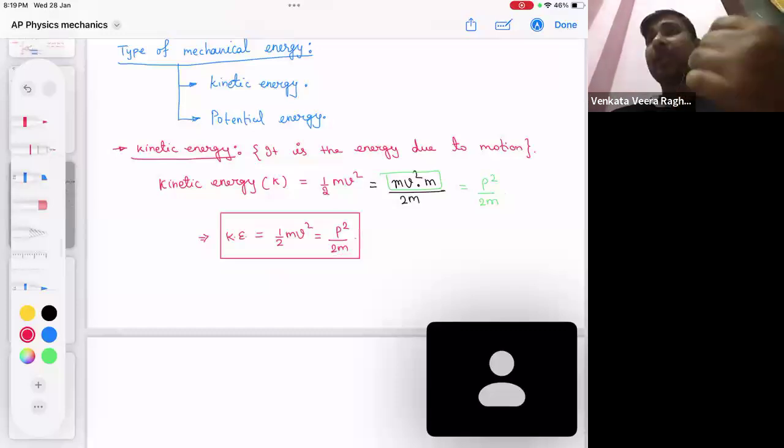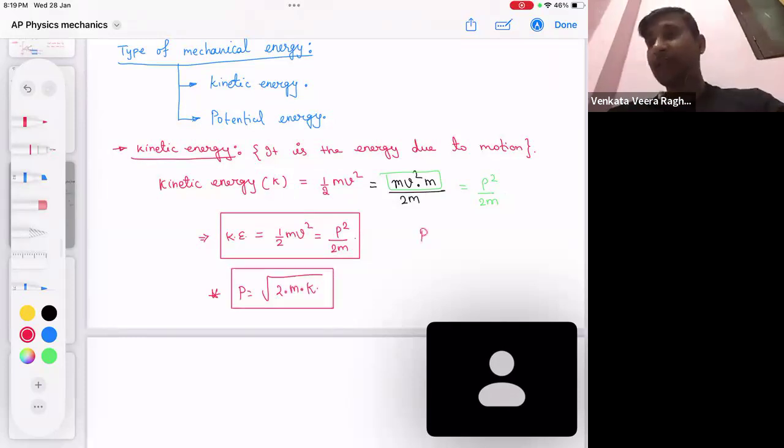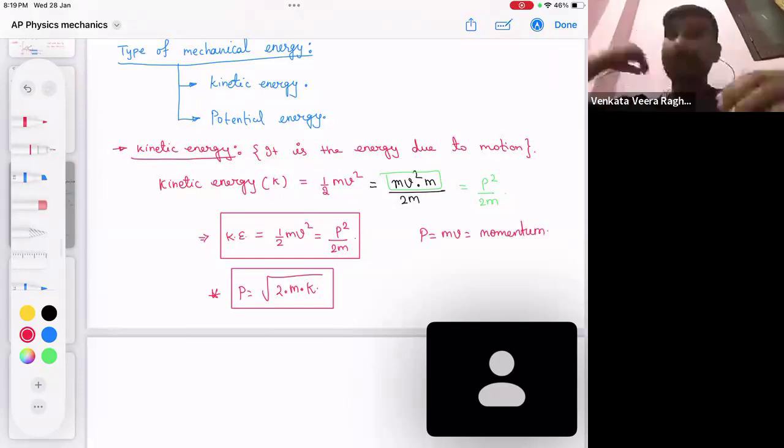Okay, so momentum and kinetic energy, there is a relation, isn't it? Can you write it? Momentum is going to be under root of 2m into kinetic energy. Please keep in mind, p is the momentum here. P is what? Mass into velocity, which we call momentum, or you can also call it the linear momentum. Clear?